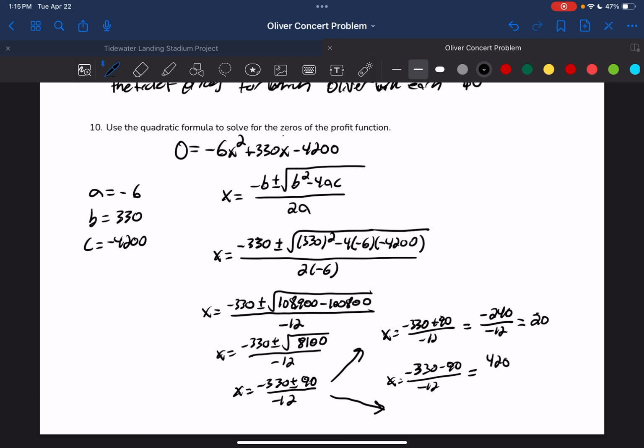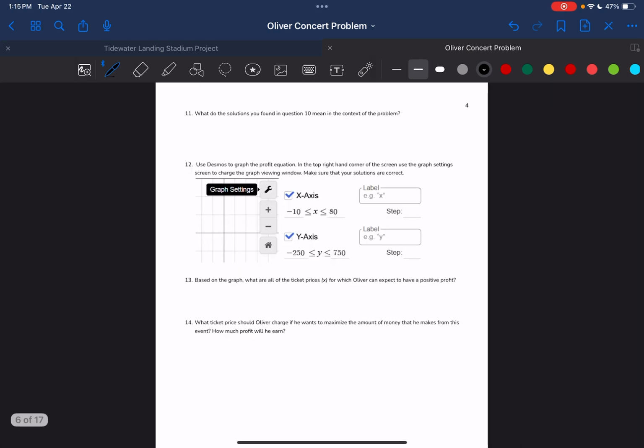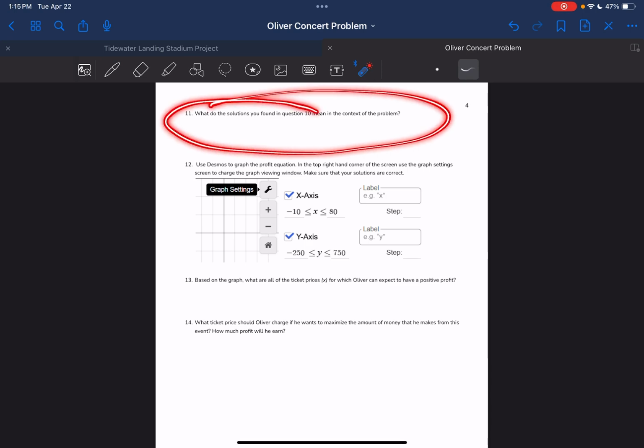Negative 330 minus 90 is negative 420, over negative 12, which is going to give us 35. So we found our two x values: x is equal to 20 and 35. And let's take a step back and think about what these actually mean in the context of the problem.